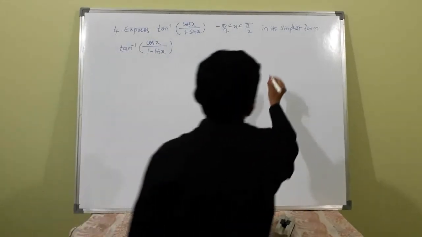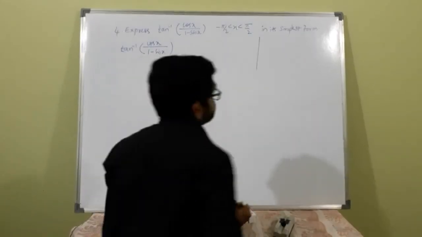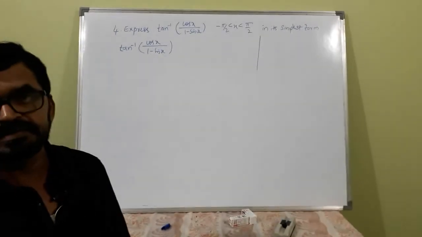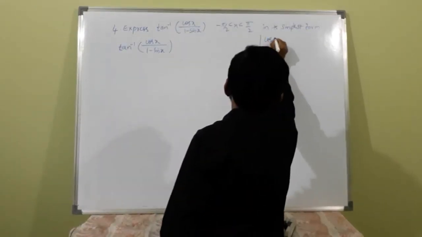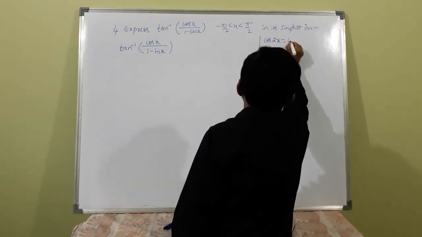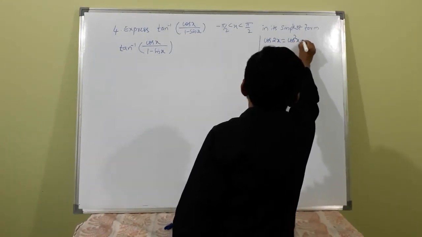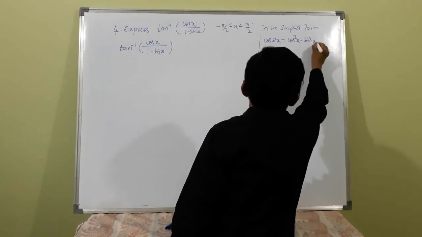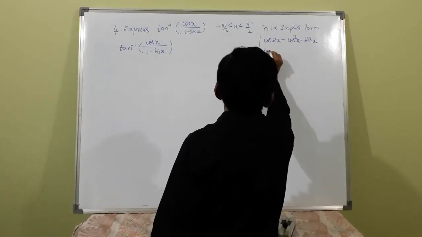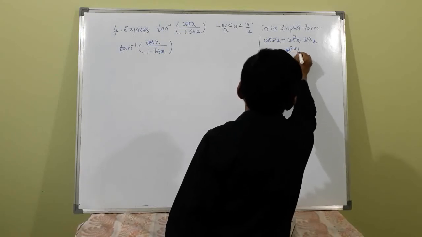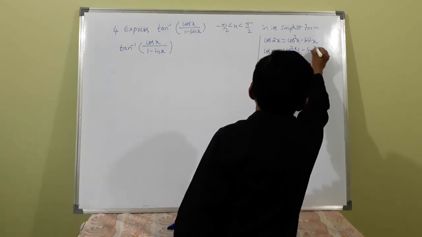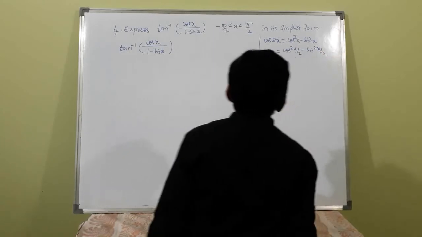See here, as I told you, you should be familiar with some multiple angles. Cos 2x is cos squared x minus sin squared x. Similarly, cos x is equal to cos squared x by 2 minus sin squared x by 2.